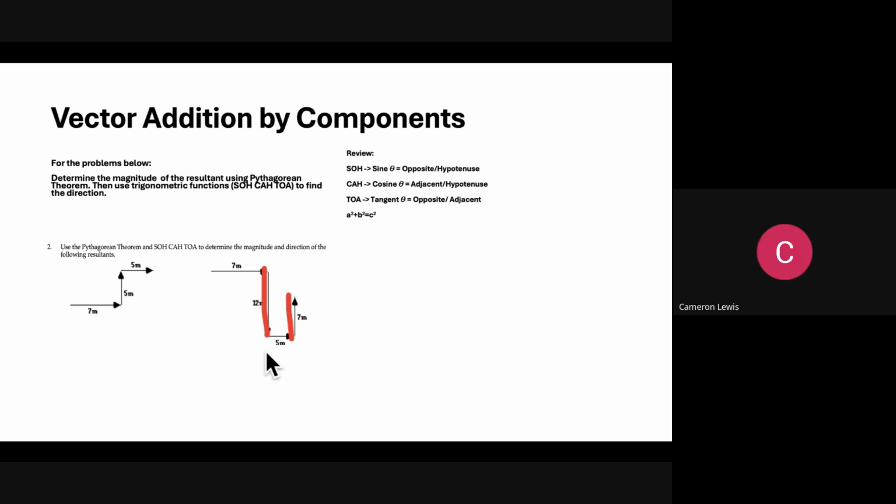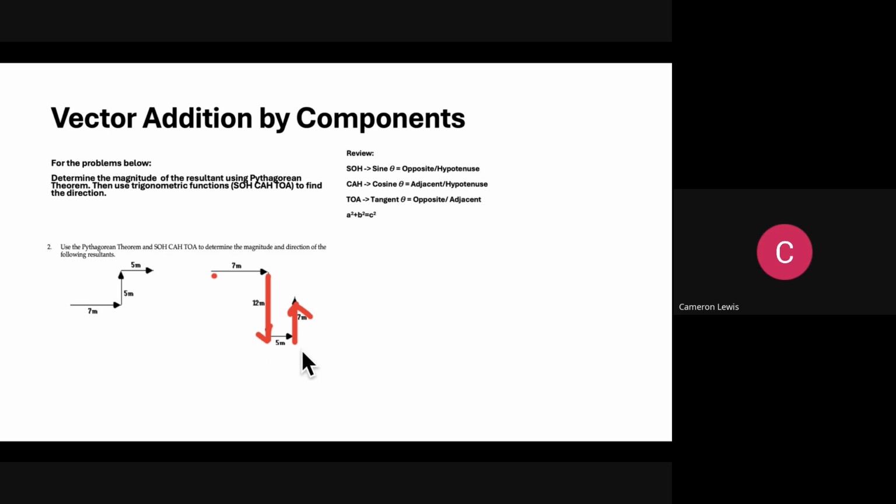So now, because I went down 12 and then I went the opposite way 7, how do I add these two vectors together? Negative 12 plus 7, which is negative what? Negative 5.